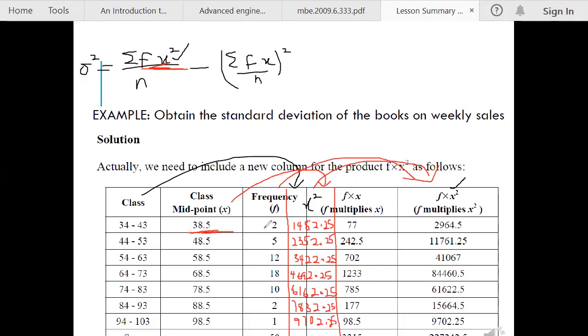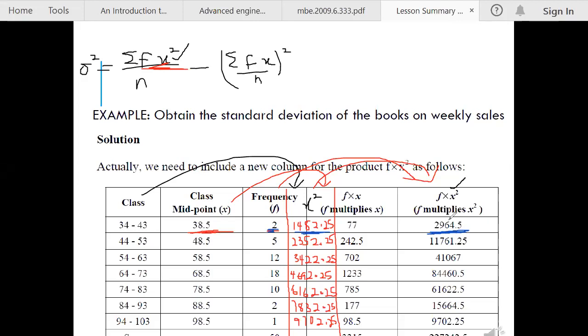So we'll pick the frequency, which is 2, and multiply it with X squared. When you do that, that should give us this value here. So check that. 2 times 1482.25.